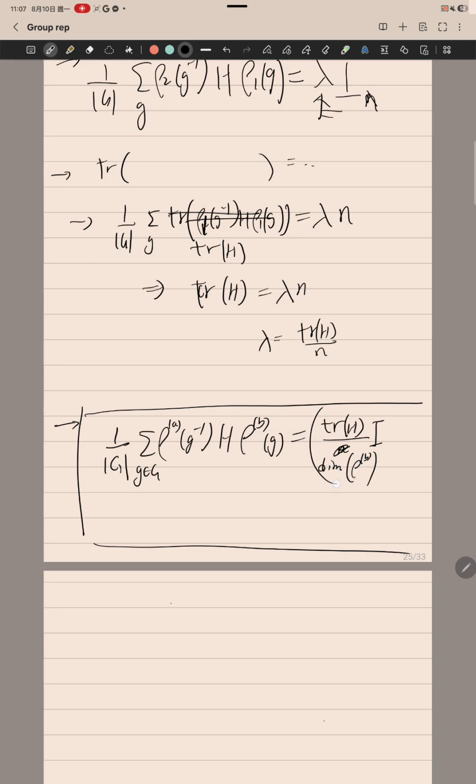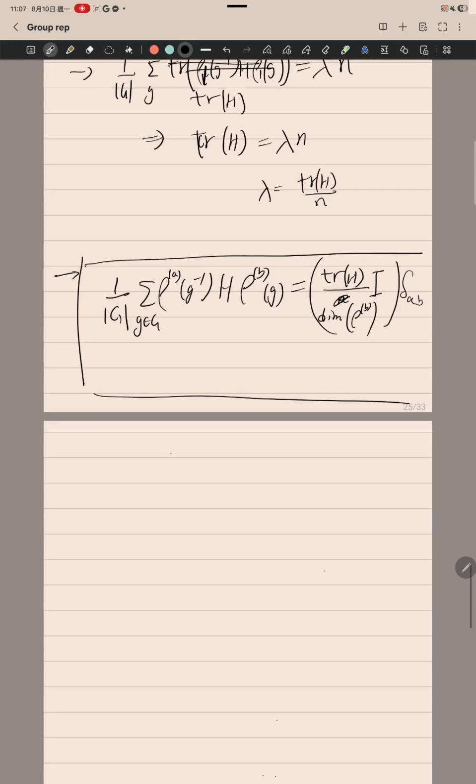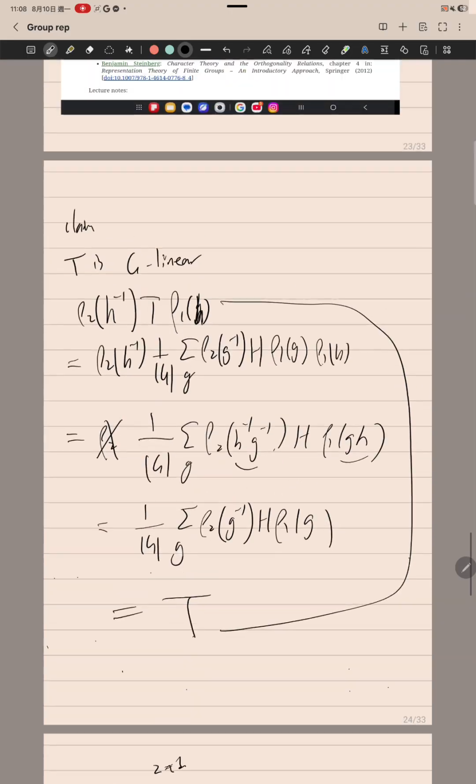And this is not just this, because the equation only holds if A equals B, so I can write delta_AB. Okay, so this is the grand orthogonality. Now we want to show that this formula is indeed exactly the same as this one.